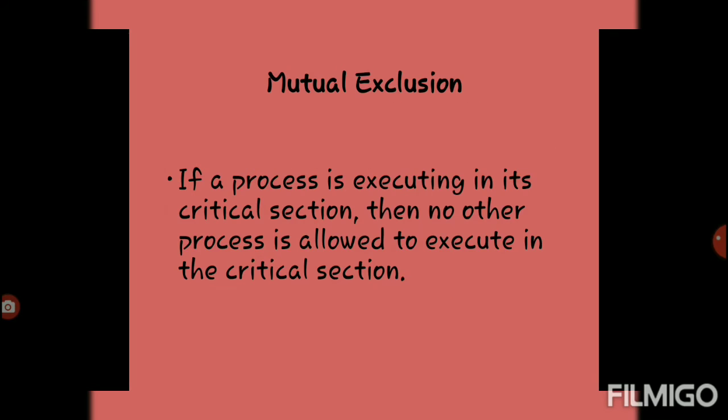What is mutual exclusion? Mutual exclusion is exclusive access for a process. If a process is executing in the critical section, no other process can enter. Using mutual exclusion, we can handle the problem of process synchronization.